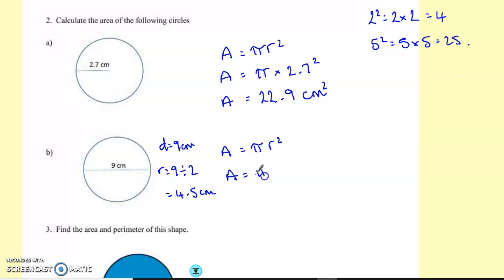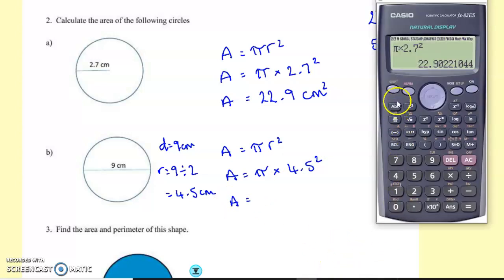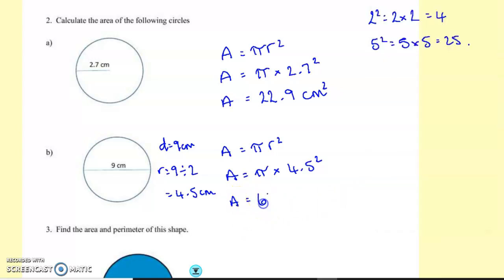So my area is pi times 4.5 squared, which is 63.62. Again, it's an area, so centimetres squared.